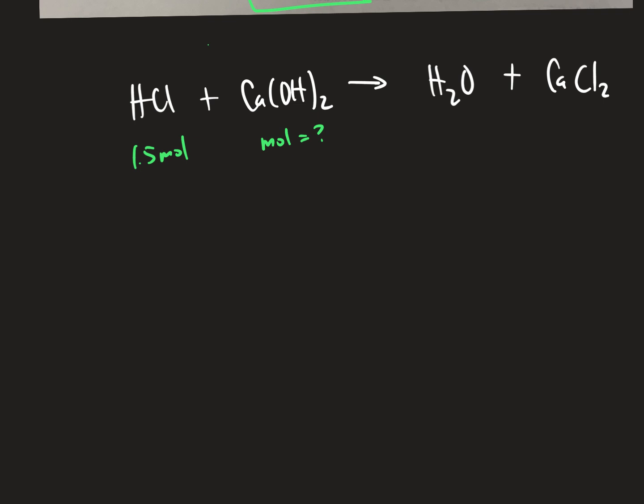Do we know how to do this even if it wasn't an acid-base reaction? We should. This is just stoichiometry, right? Where do we start? Okay, 1.5 moles. Start with what we know. What can we convert to?